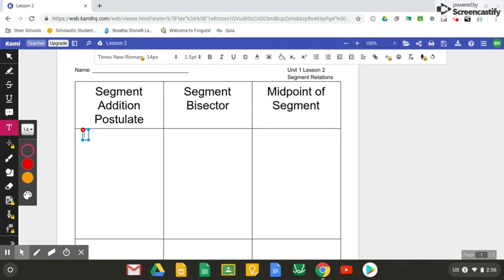What is that? Well, given two points, A and C, a third point B lies on the line segment if and only if AB plus BC equals AC.